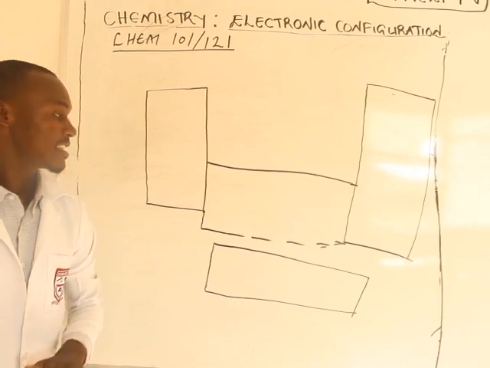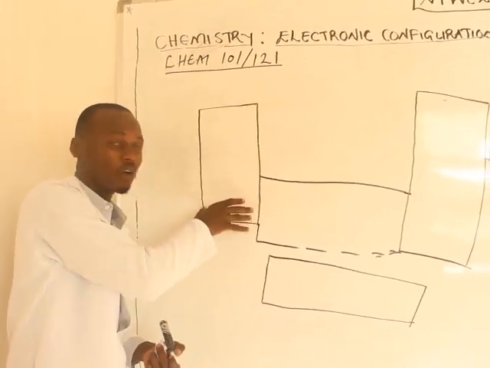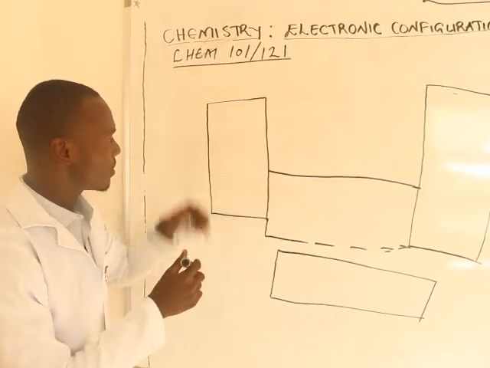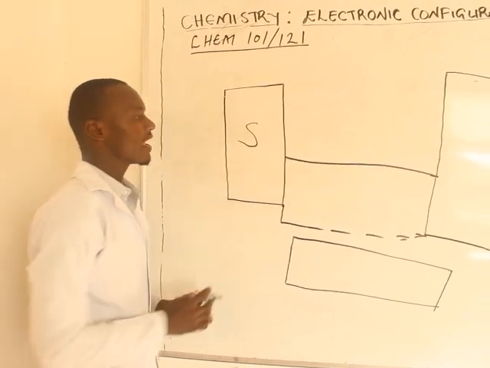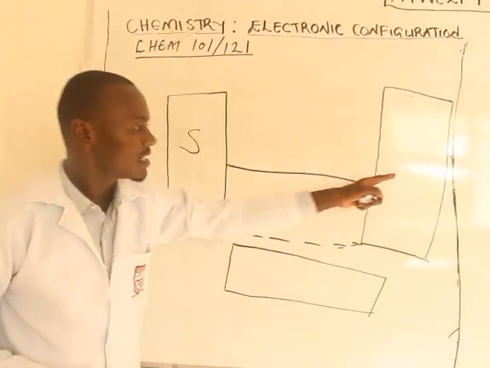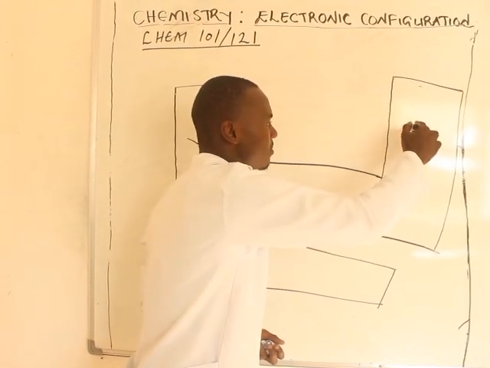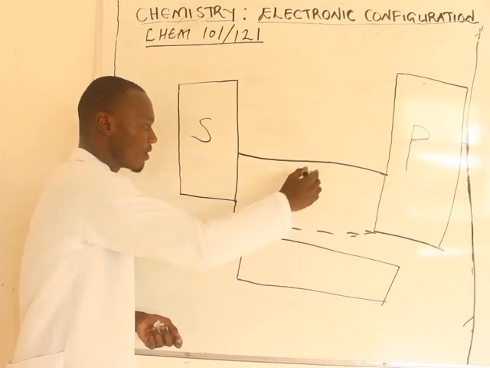Okay, so this is how the periodic table looks. We have elements in this block, and we have to note that this block is known as the S block. The elements found in this particular block make up the P block. Then this block here is known as the D block.